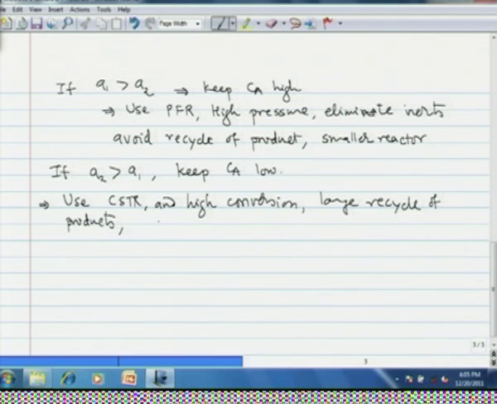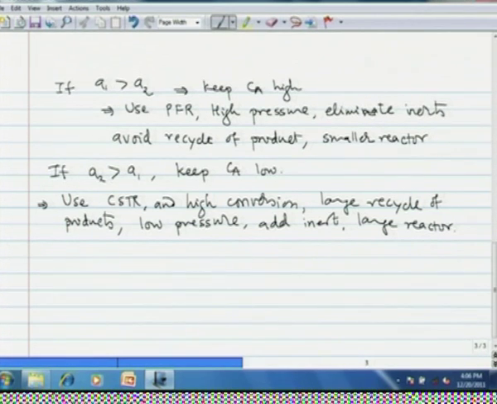Then you can use low pressure, or as I mentioned in the previous lecture, you can add some inerts which will reduce the partial pressure, and lastly use a large reactor that will reduce the concentration, effective concentration of the limiting reactant. So, that is about the single parallel reaction with a single reactant.